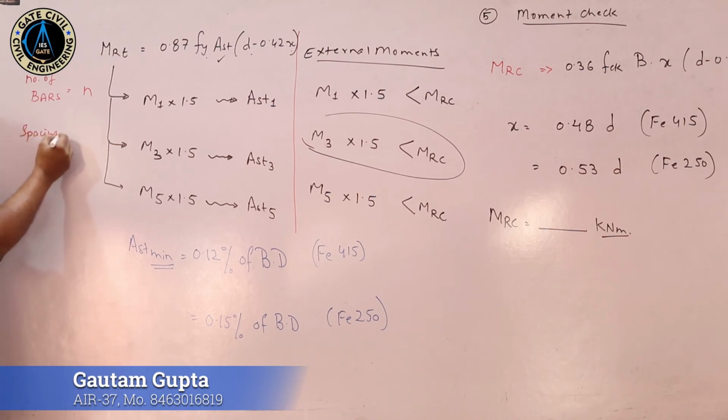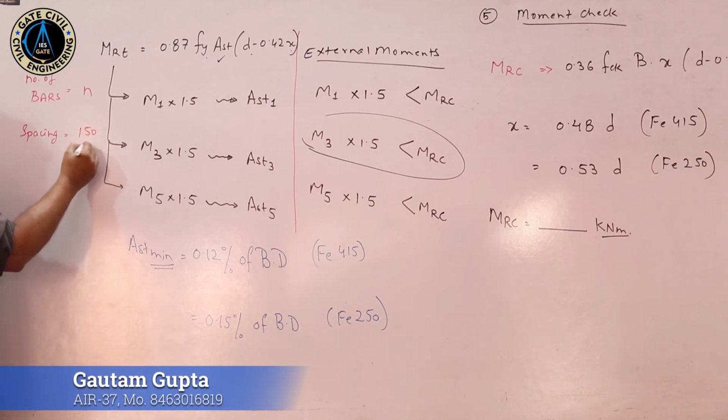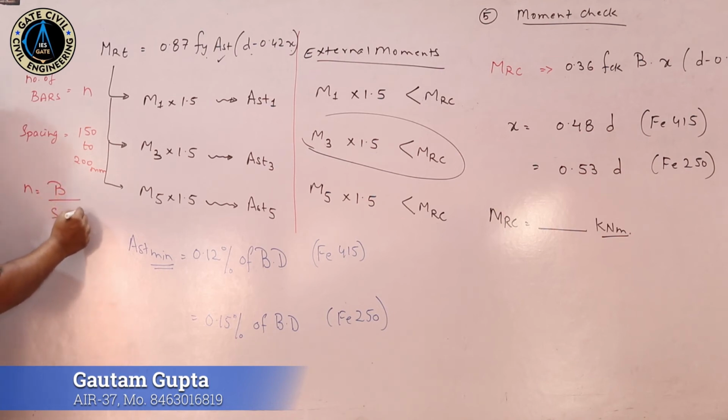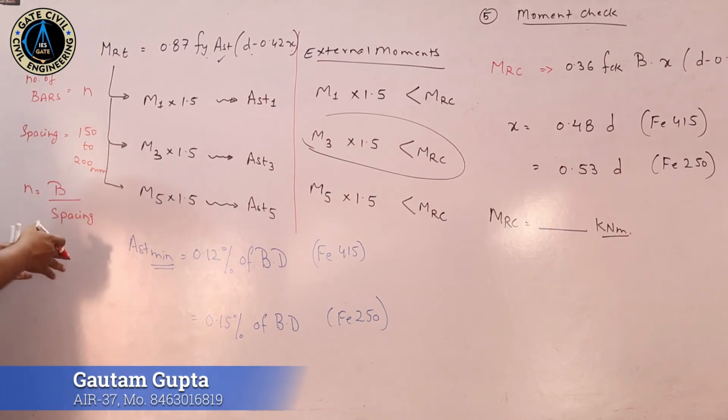Generally, the spacing that you can take is somewhere between 150 to 200. So the number of bars n is given as D upon spacing. I am doing some approximation, so I am telling you the general way so that you can easily perform it in your examinations.